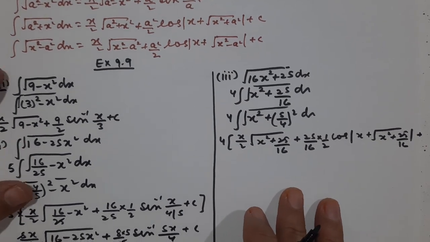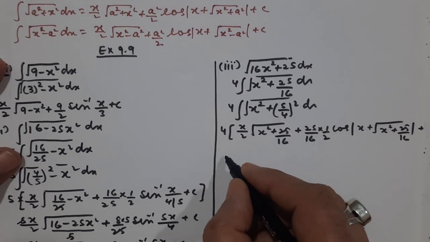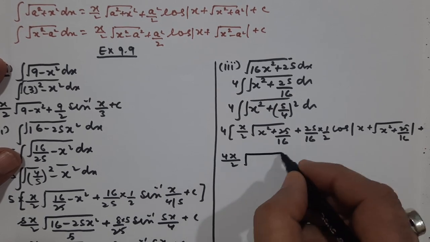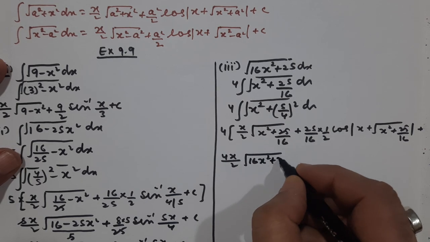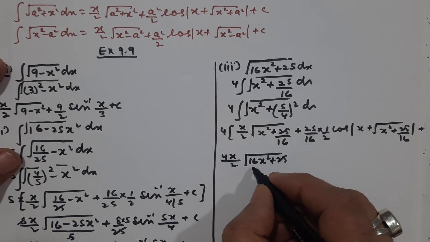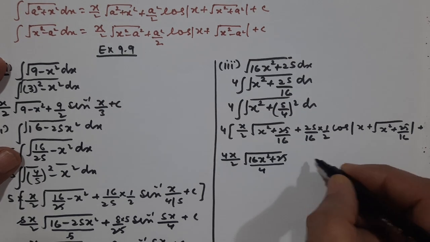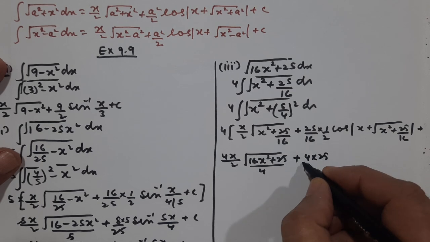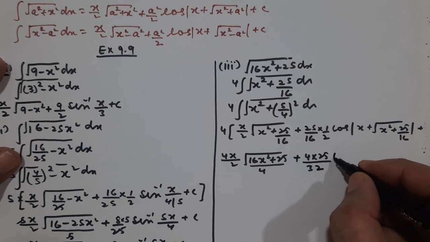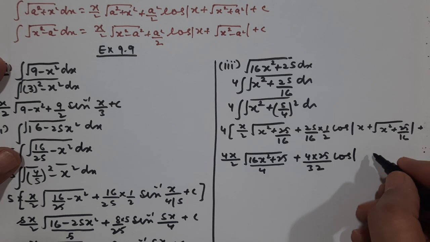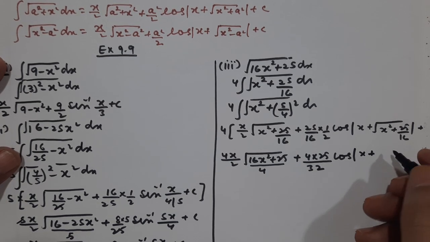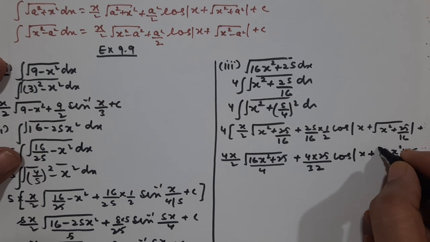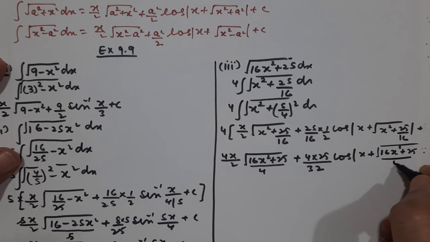Now solving it. On multiplying by 4 we get 4x upon 2 under root 16x square plus 25, and when this comes out of the root we get 4 over here, and multiplying this 4 over here also, 4 into 25 upon 32 log x plus under root 16x square plus 25 upon 4.